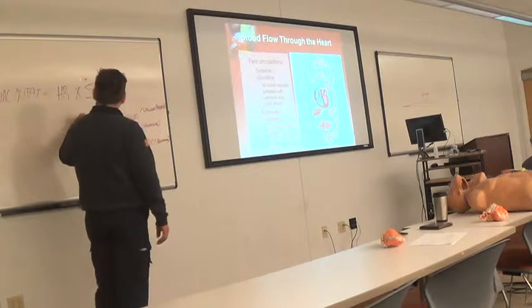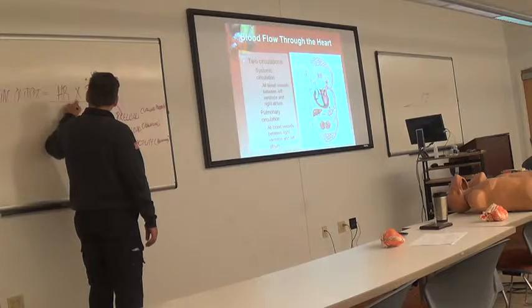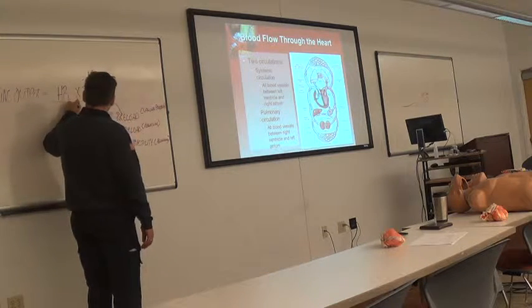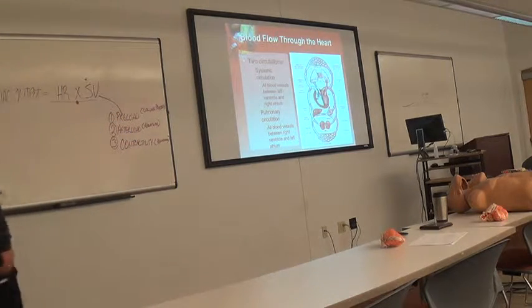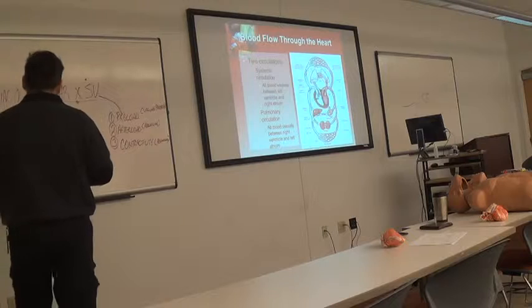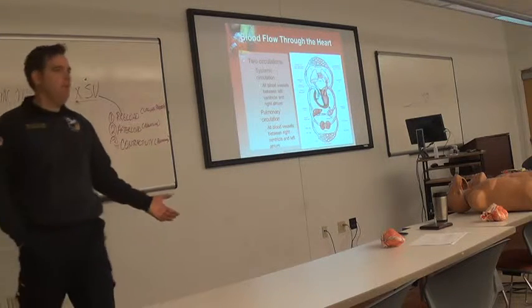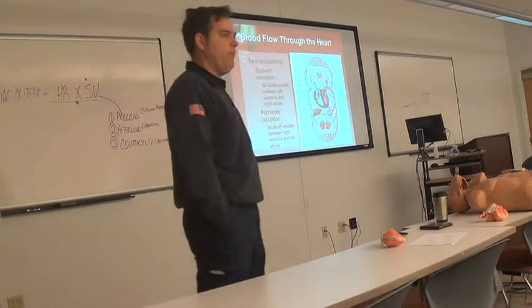These two are related, and I want you to think of a teeter-totter. On one side of the teeter-totter I have heart rate. On the other side, I have stroke volume. I'm going to go in the other room and clone myself.